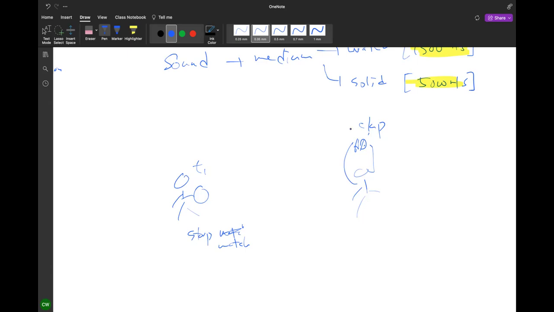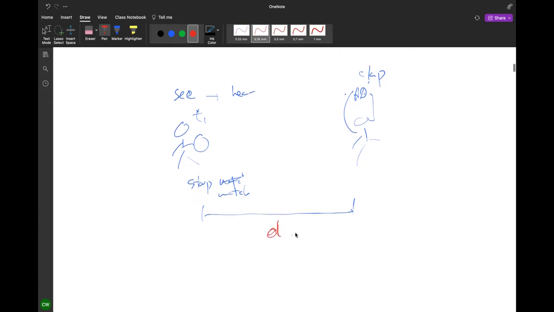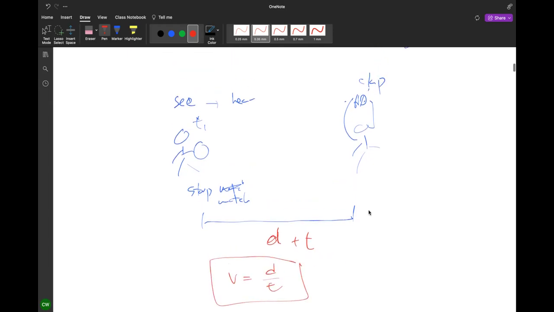Then when you hear the clap, you stop the stopwatch. You see first, then you hear, then stop the stopwatch. After that you measure the distance. Then you need to know the time. Speed is distance over time. That's all.